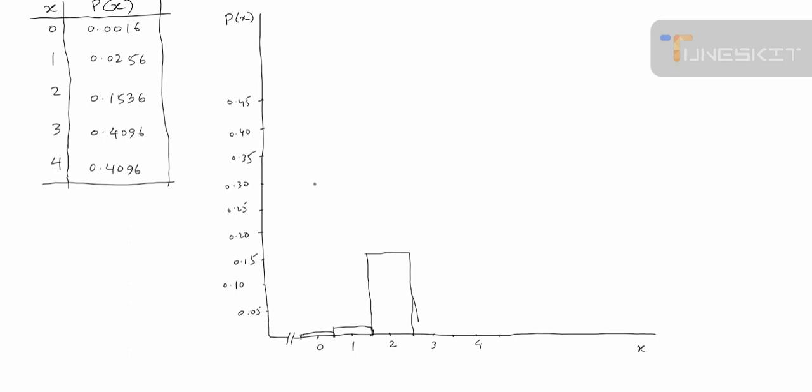Then we have the next value as 0.4096, so approximately 0.41 is where it ends. And since the next bar has the same height, we draw the next bar with the same height.